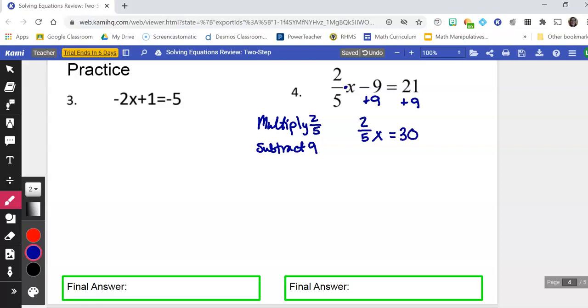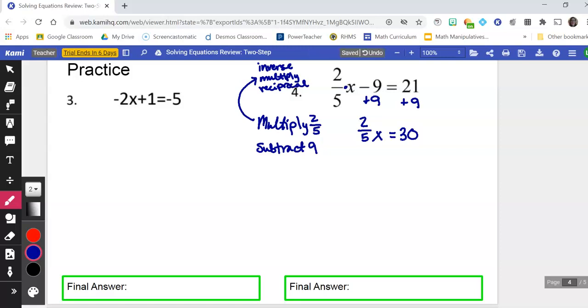Now, if you notice, we are not multiplying by just one number here. We are multiplying by a fraction. So we're going to handle this a little different. So the inverse of this is to multiply by the reciprocal. Now, you may remember the reciprocal a long time ago.